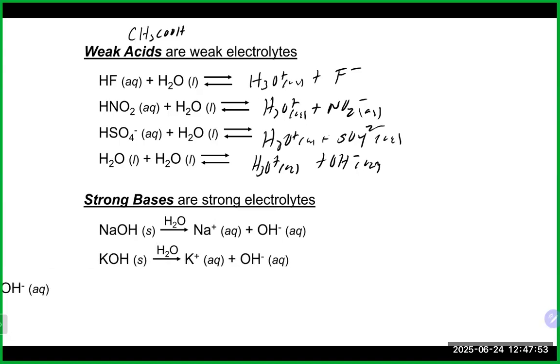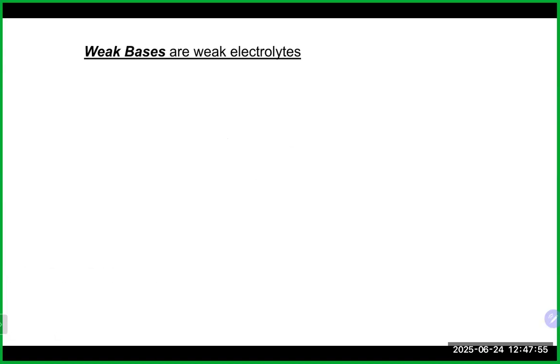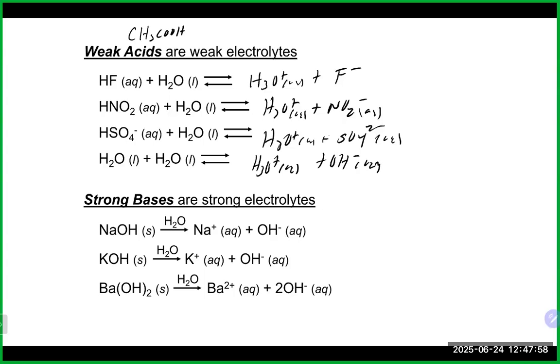Now, in terms of strong bases, much like strong acids or strong electrolytes, they do 100% break apart. So something like sodium hydroxide, you're going to get 100% ions present, potassium hydroxide, 100% ions as well.